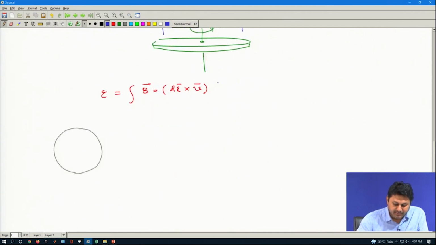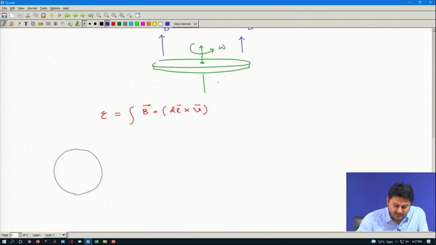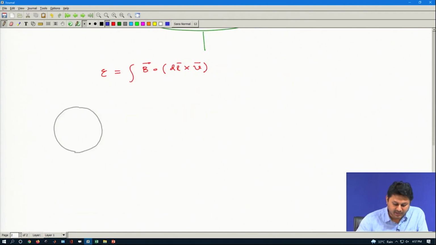Now, since the magnetic field is there and it is a conducting material, the free electrons will experience some kind of force, and that force causes a separation of charge. If I make a top view, you can see that.